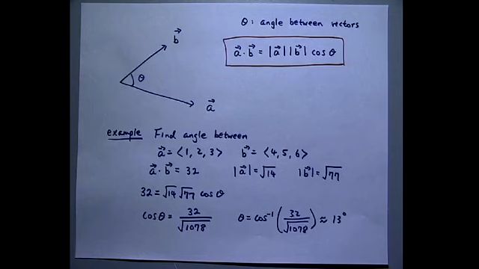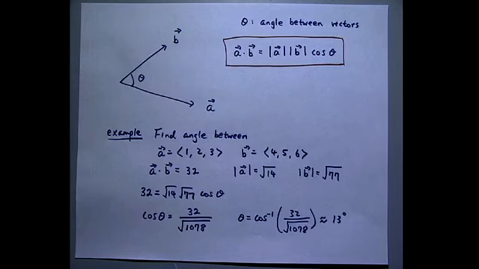Pi over 2, and what's cosine of pi over 2? 0, yes. Now that's something you have to know without a calculator, okay? Cosine of pi over 2 is 0.